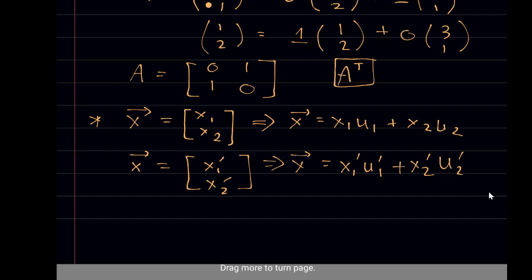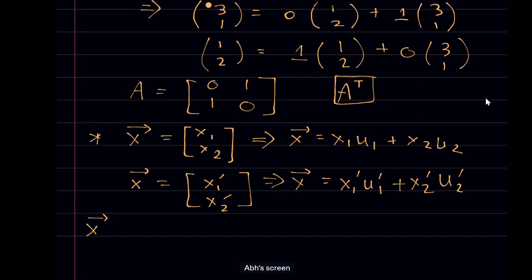But we know how u1 prime and u2 prime are related to the old basis through the matrix. So let me remind you that u1 prime was a11 u1 plus a12 u2, and u2 prime was a21 u1 plus a22 u2.